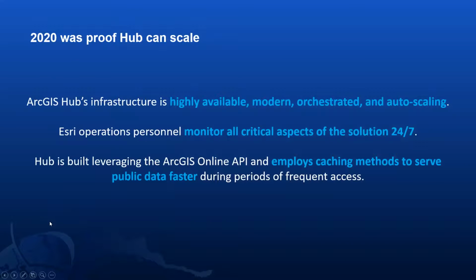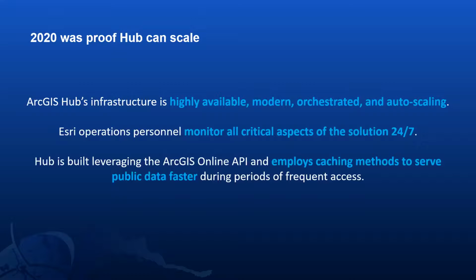In 2020, like I said, we had an explosion of Hub sites that came online. So much of it was driven by coronavirus response, and we really went to work on that to make that work better. So the Hub infrastructure now is much more highly available. It's better orchestrated. It responds to auto scaling in a much more performant manner.